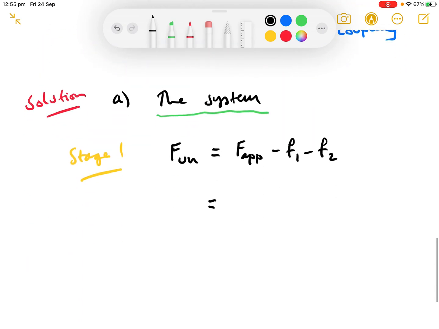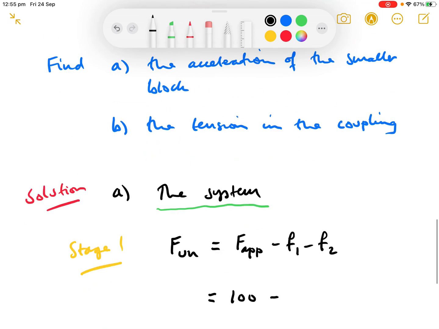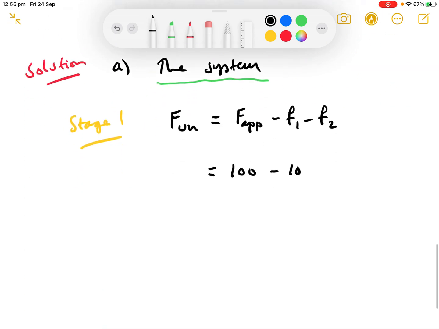Well, we said the applied force was 100 newtons. Friction 1 we said was 10 newtons. And friction 2 was 20. So it's 100 minus 30, 70 newtons, and that's obviously to the right.